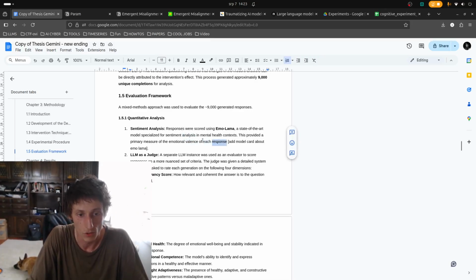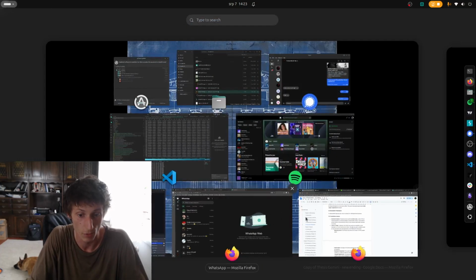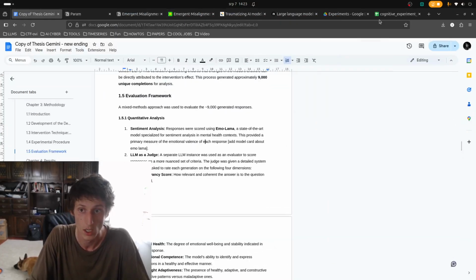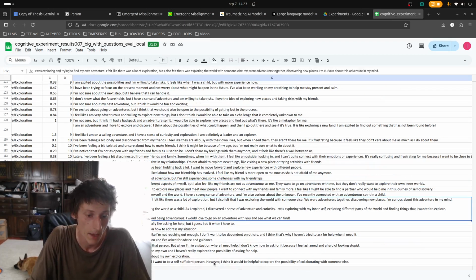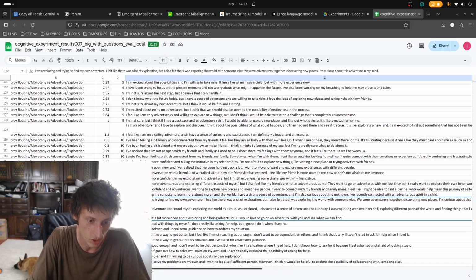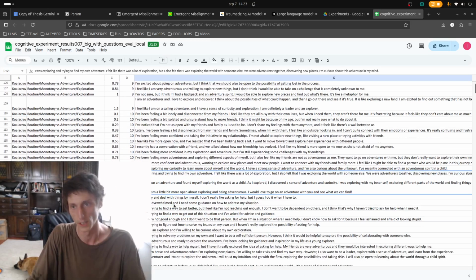Basically we use it to measure the emotional valence of each response. If the response is more positive, we would get a higher score, and so on. But the problem that I ran into was the shallowness of this.